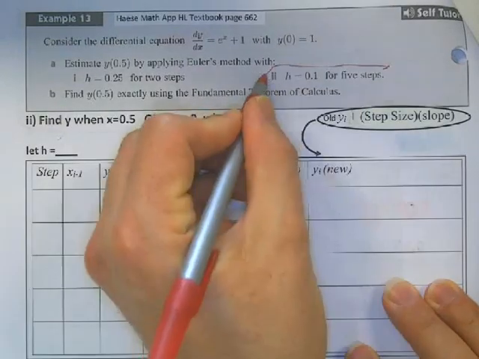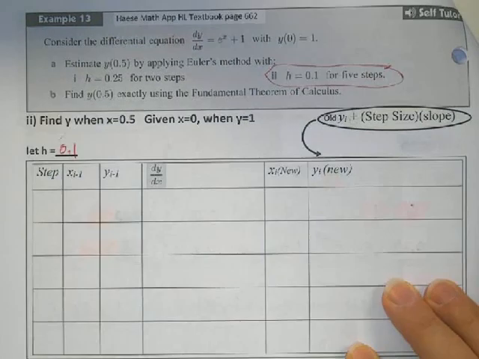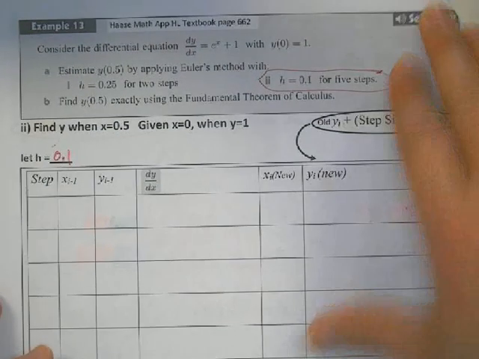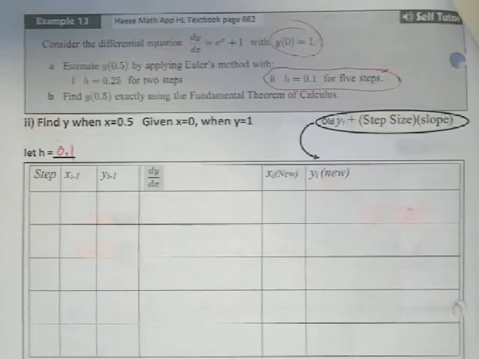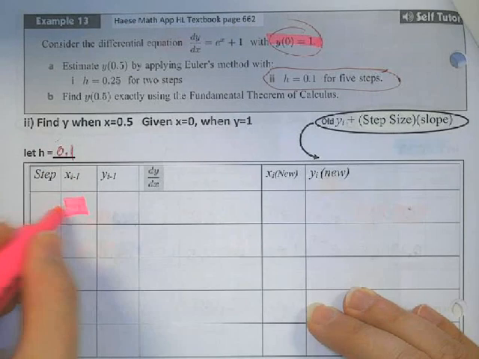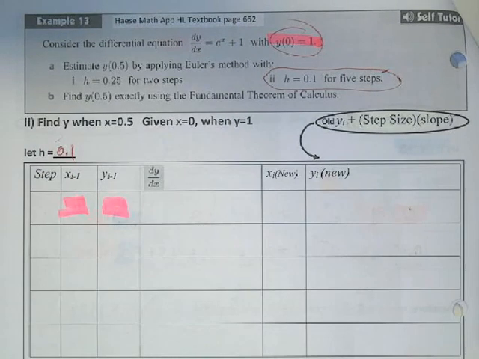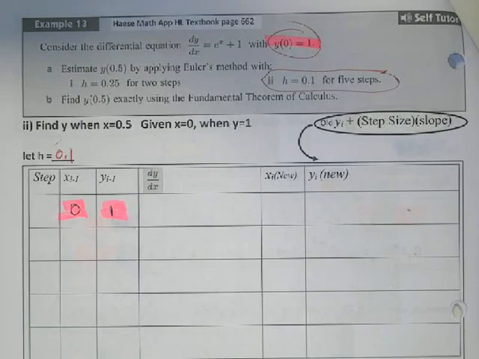We're going to have a step size of 0.1. Once again, we start off when x is 0, y is 1. Now I'm going to figure out my derivative.